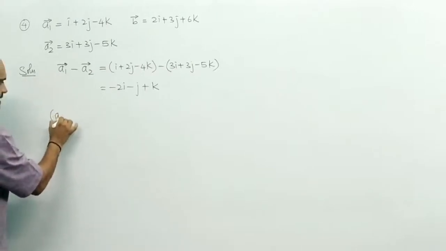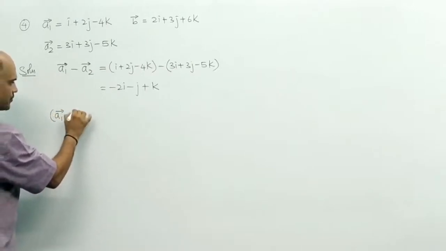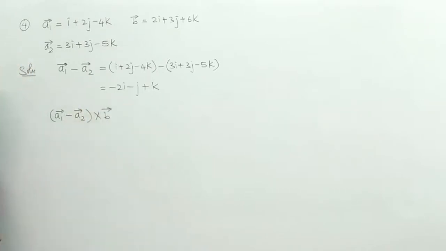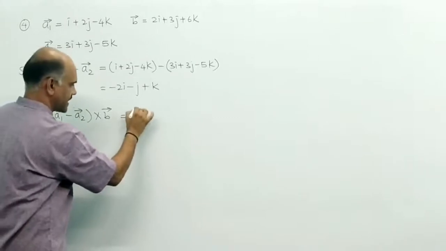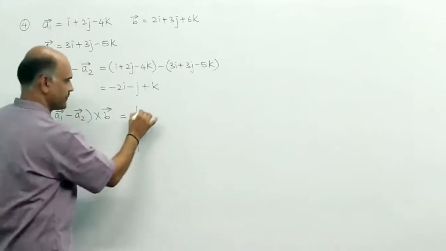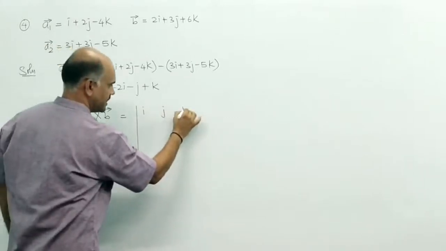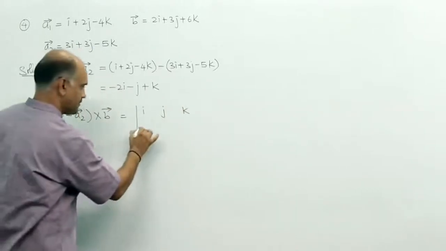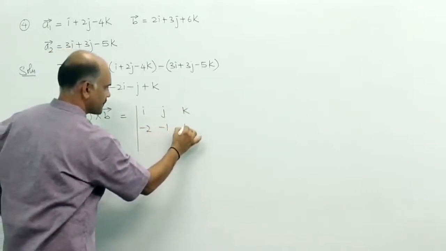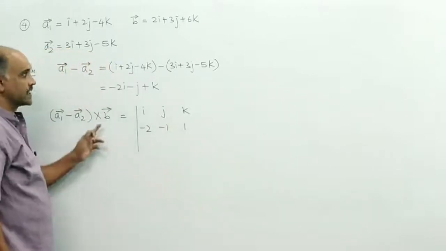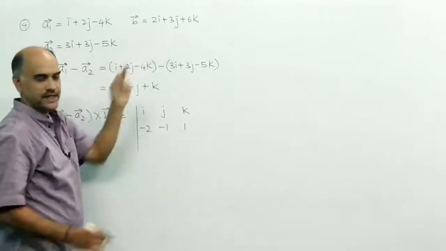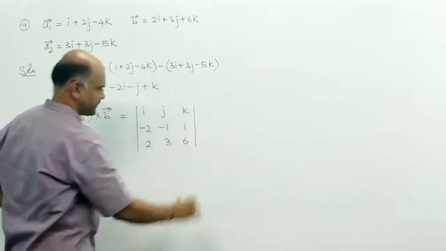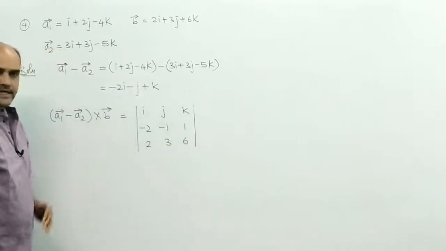Second step is A1 minus A2 cross B. A1 minus A2 cross B means again it is a determinant: i, j, k. A1 minus A2 is minus 2, minus 1, 1. B is 2, 3, 6. Now you expand this.